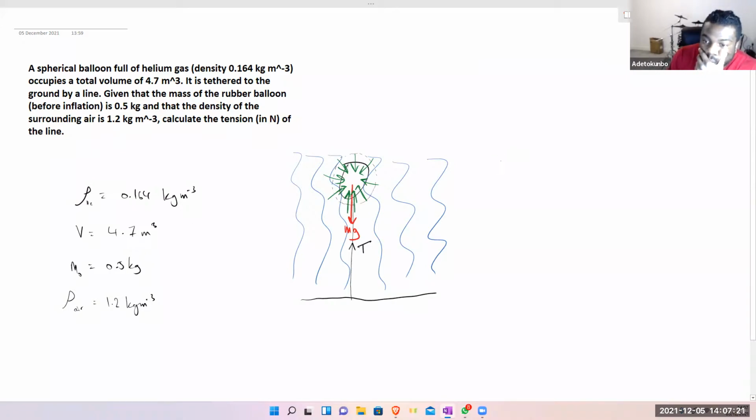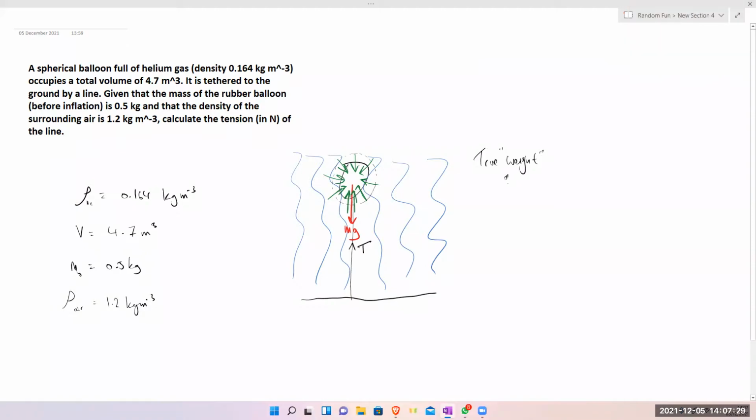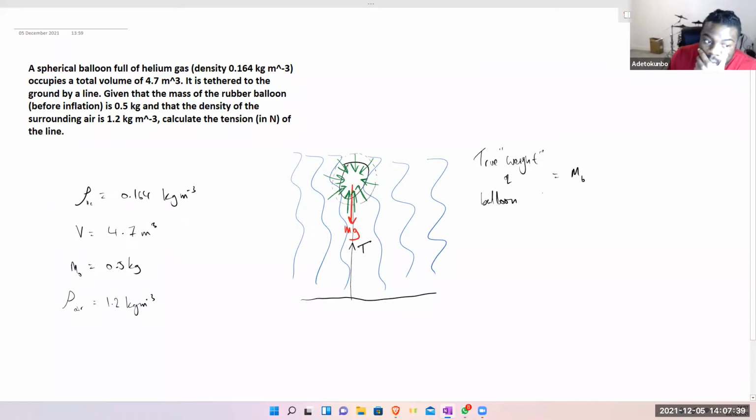So true weight equals, 0.5 times 9.81. If I just write MB, so mass of the balloon times g, take away the weight of the air that has been displaced.